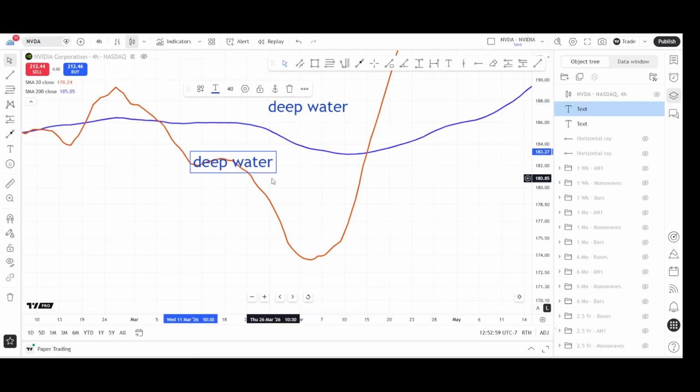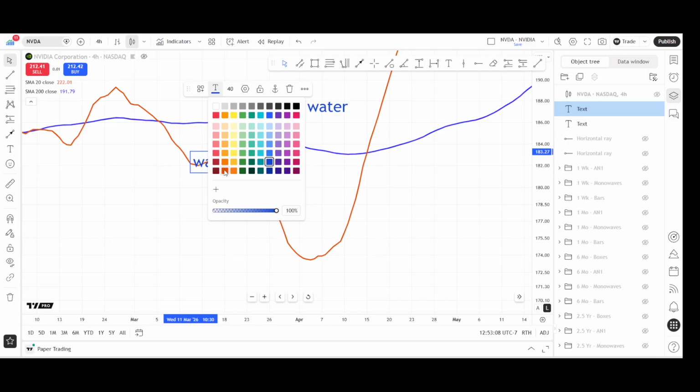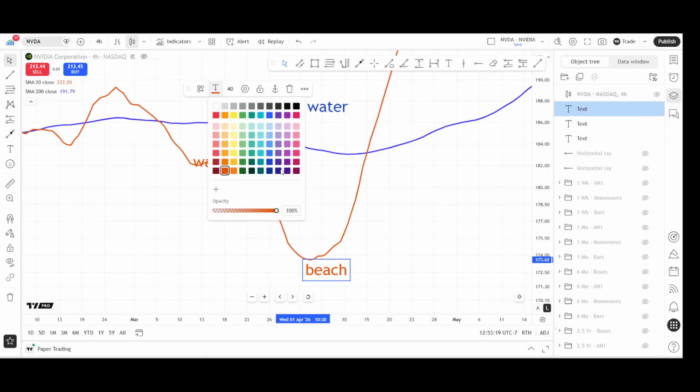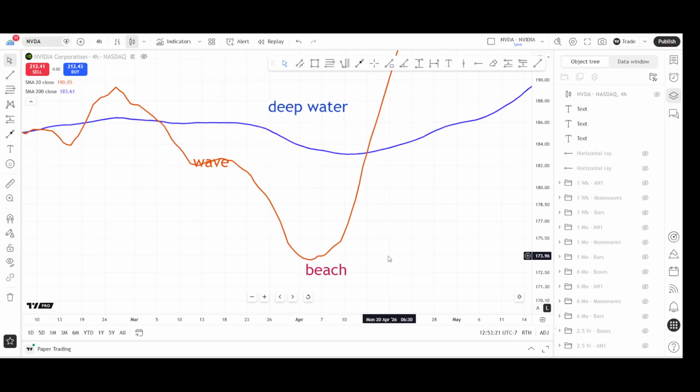This is your wave. This is, let's put that in orange, this is your beach. And we don't know quite why it ended there, but we would be able to look at the candles and determine that. Let's put that in our kind of reddish color that we've been using.